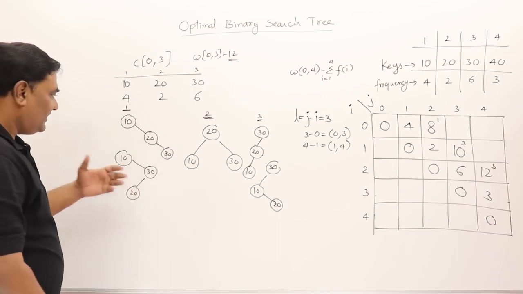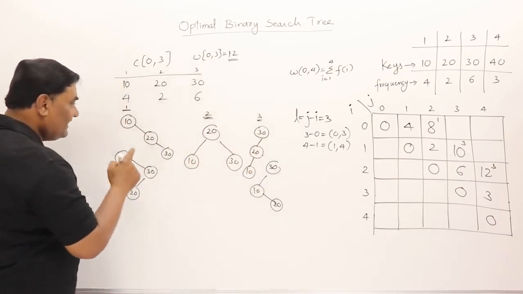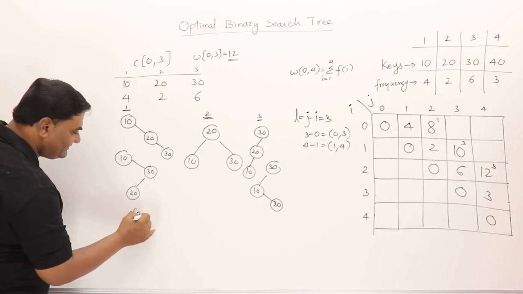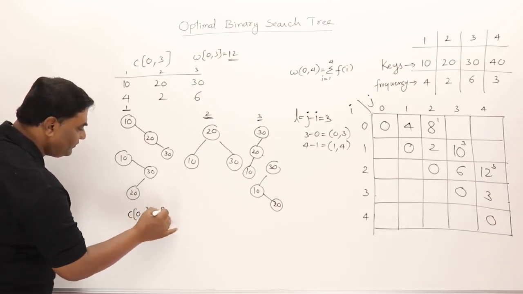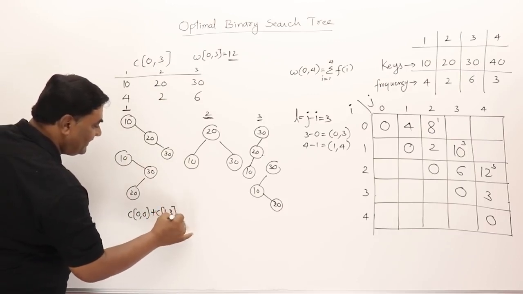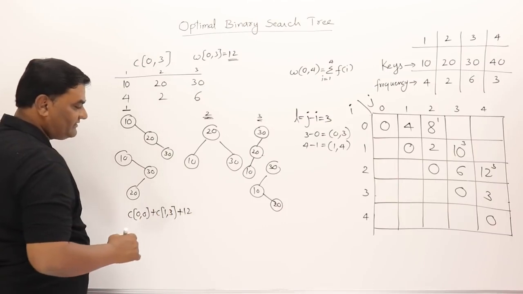Alright. So what is the cost of this side and this side and this side? See, here who is root? 1 is root. So if 1 is root, then this will be C of 0 comma 0 plus C of 1 comma 3 plus weight. Weight is how much? 12. I'll directly write on this one.